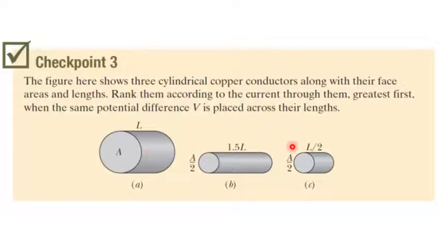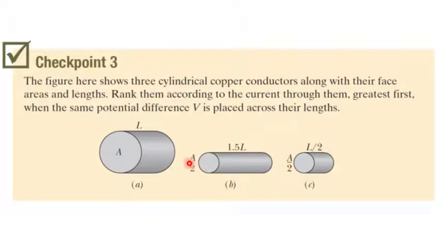Now, here the length is L over 2 and the area is A over 2. So the resistance here is L over 2 over A over 2, which is L over A. So this is like this. So the resistance of the first sample and the resistance of the last sample are the same.